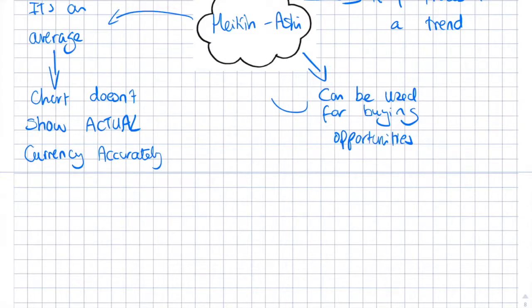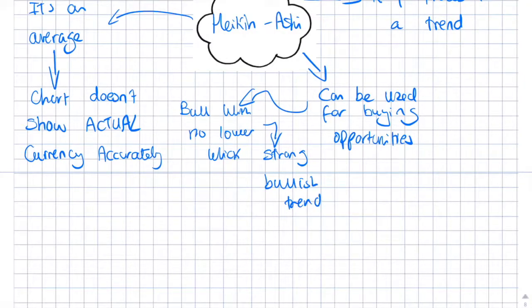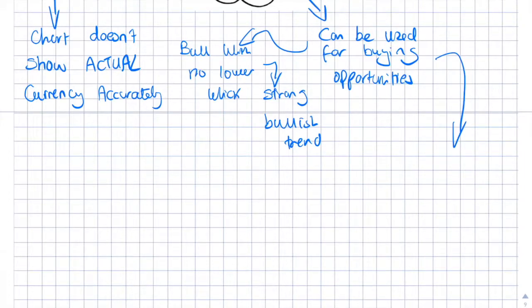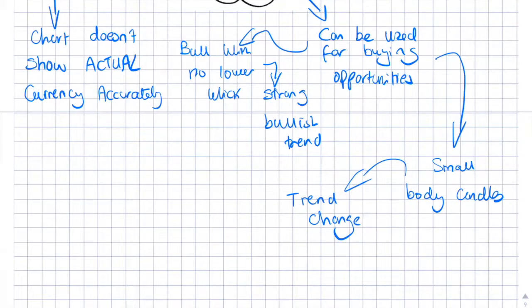If you see a bullish bar with no lower wick, this will indicate a strong bullish trend. And if you see a candle with a small real body, this can indicate a trend change. So this can also give you information about market conditions.